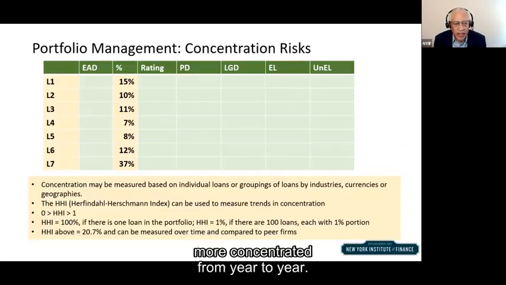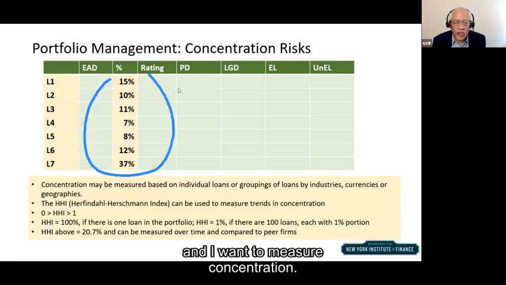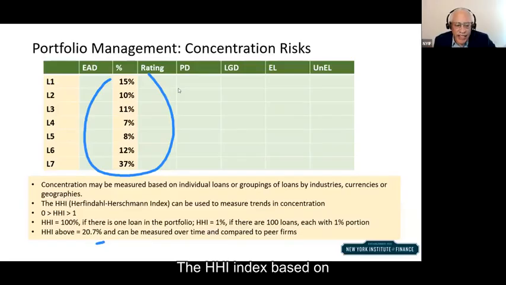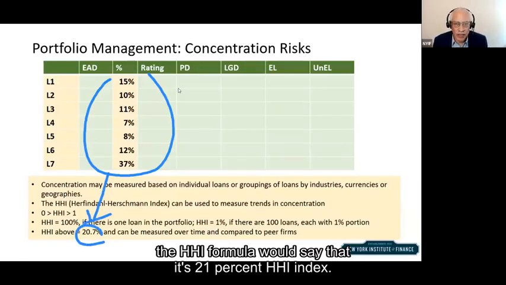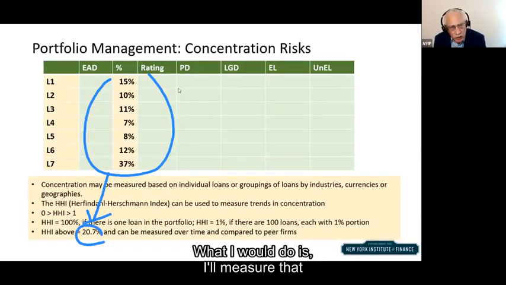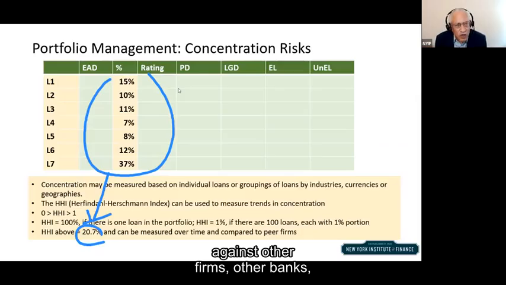So we can use that index to measure to what extent the portfolio is becoming more concentrated from year to year. In the example above, I have 7 loans in the portfolio, and I want to measure concentration. So the HHI index, based on the HHI formula, would say that it's a 21% HHI index. What I would do is measure that against other firms, other banks, other portfolios, or measure that in terms of trends from period to period.